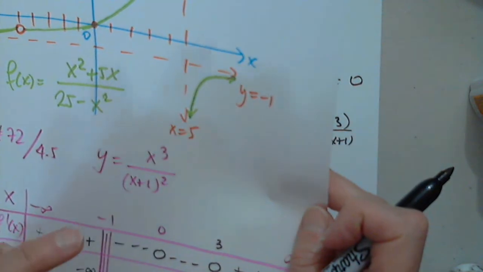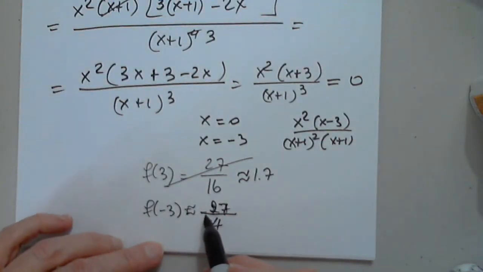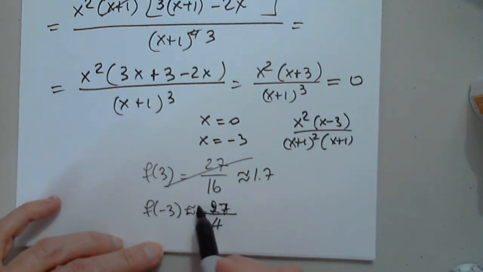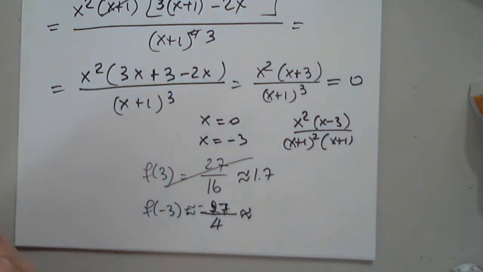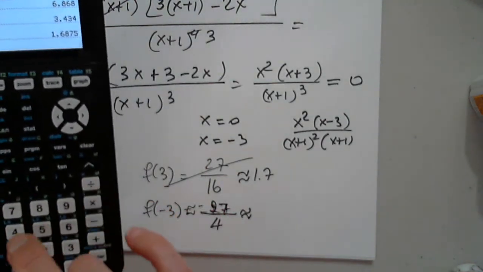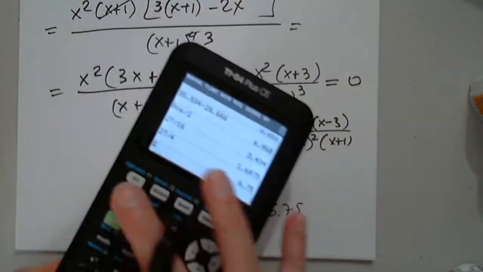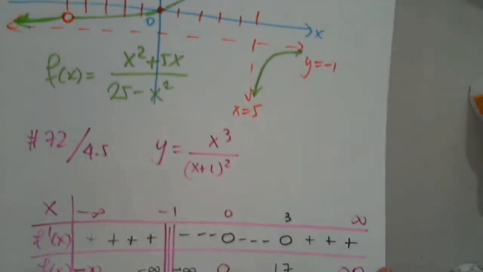Negative 3 plus 1 is negative 2. Negative 2 squared is 4. So this is negative 27 over 4. Approximately 27 divided by 4, what is that? 6.75. Yes, that makes sense.